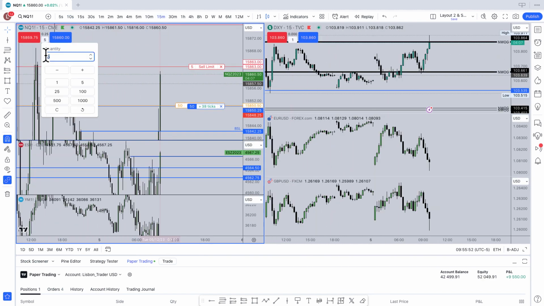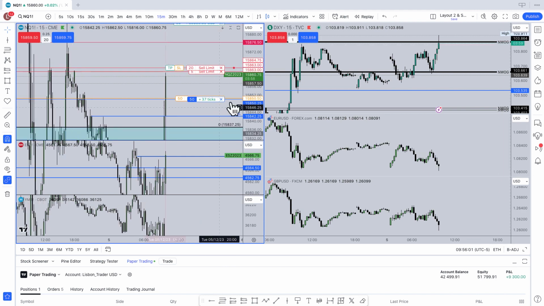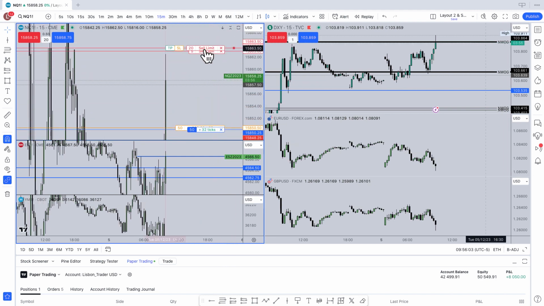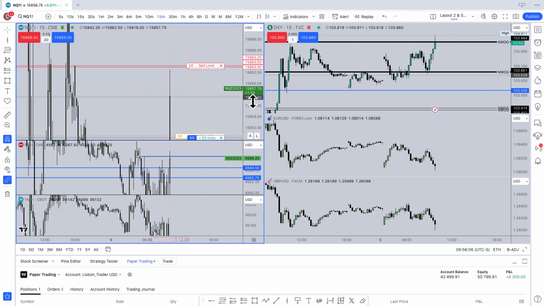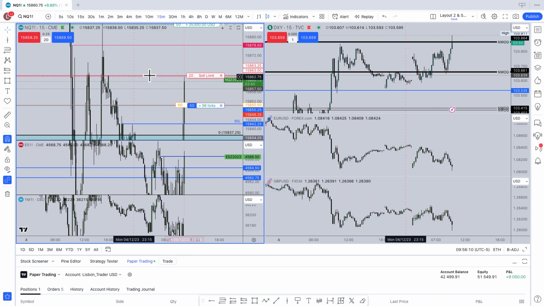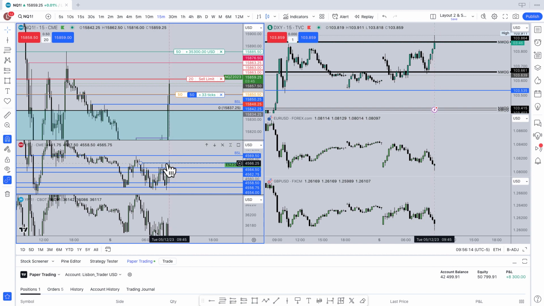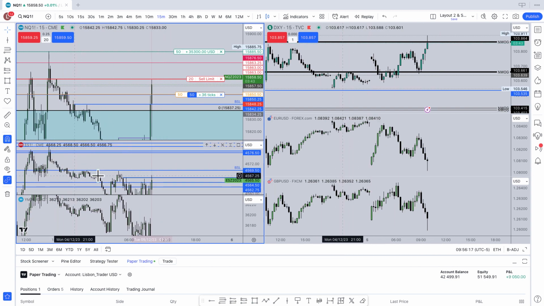Now we want to take 20 at the break of this one. There. So 51. It's going to break. It's going for the buy side there.